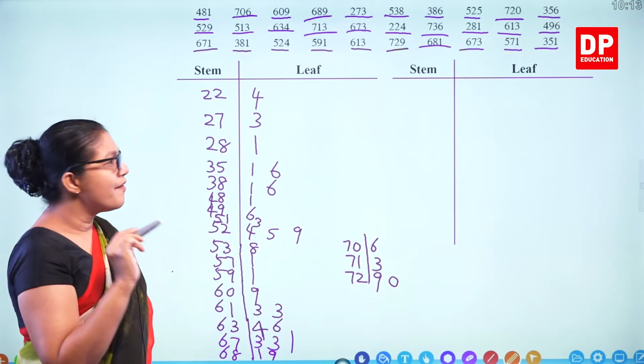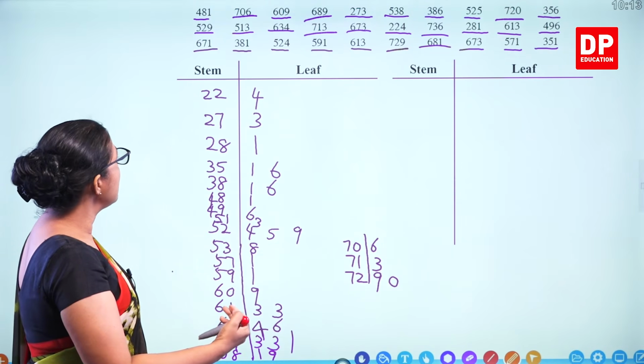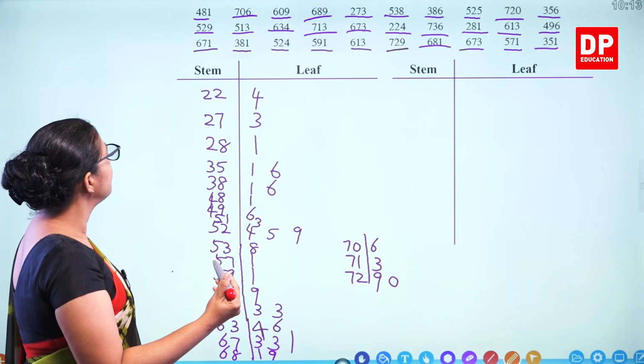Now we can rearrange this so that we can clearly see the data set.